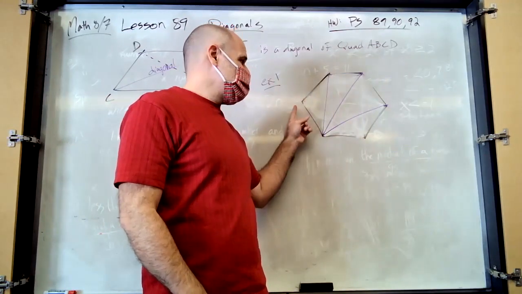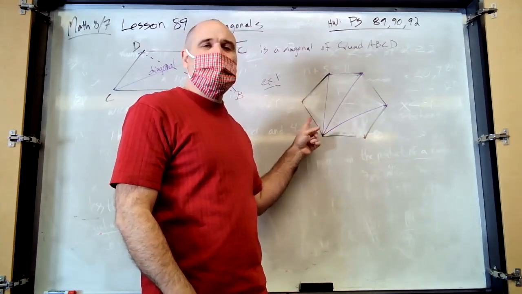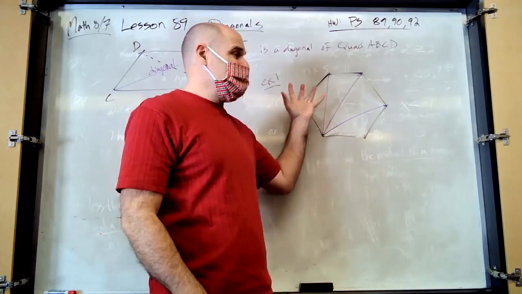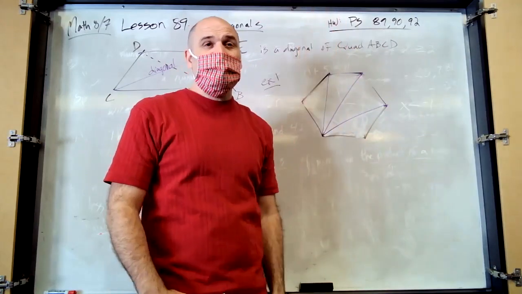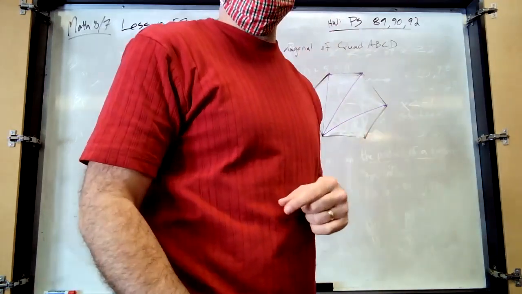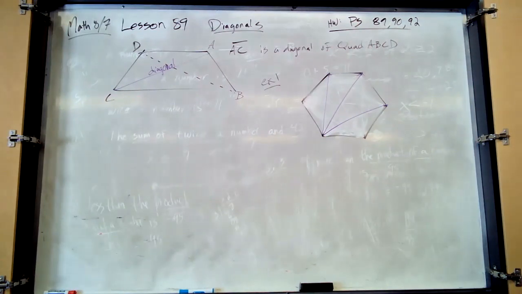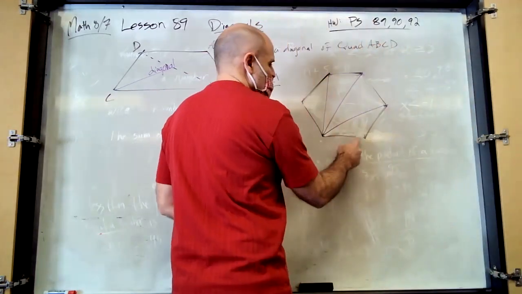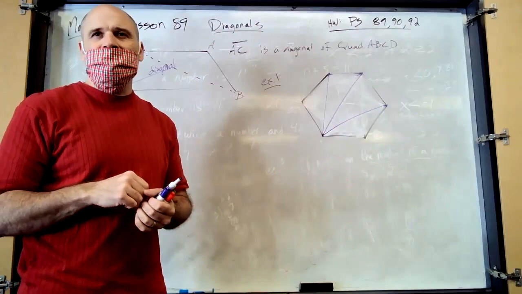And you can't draw one to the two consecutive ones, right? So it's basically the number of vertices minus 3. So on a nonagon, which is nine vertices, how many diagonals can you draw from one vertex? Six. Nine minus three. So subtract the one you're on, and then subtract the two consecutive ones. So it's always minus 3.